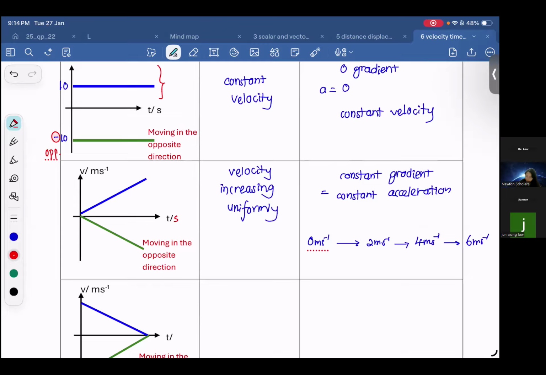Can you see that every time it increases by plus 2, plus 2, plus 2? We are accelerating, speeding up. From 0, speed up to 2, speed up to 4, speed up to 6. Every 1 second I speed up, I'm constantly increasing. So plus 2, plus 2, plus 2. This is called constant acceleration. Is that clear?